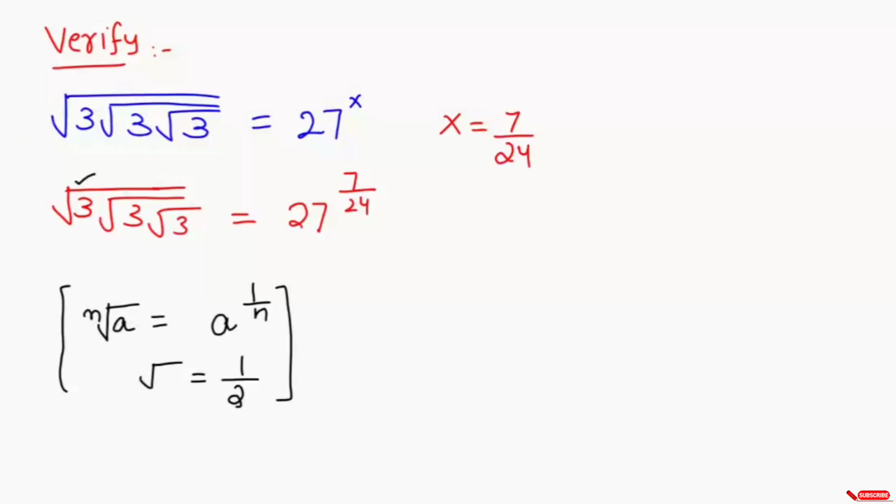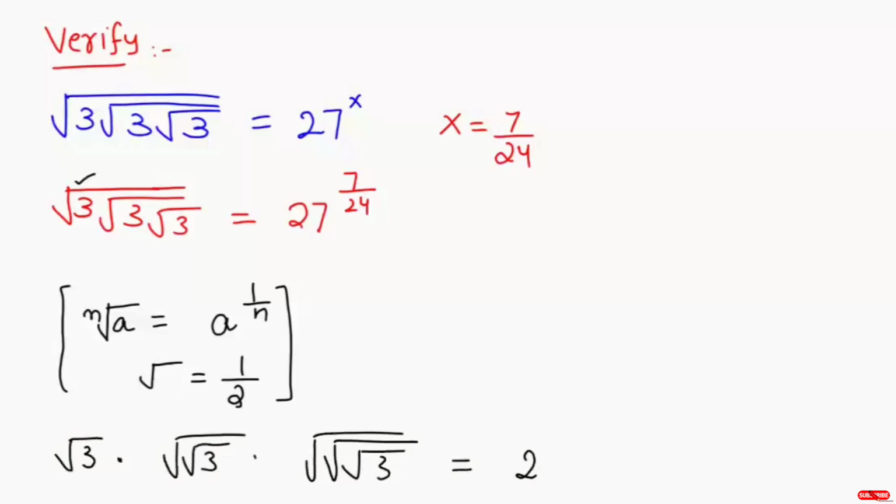I'm going to write it first separately. Root of 3 times root of 3 times root of 3 is equal to 27 to the power of 7 over 24. Now here we're going to apply this rule.